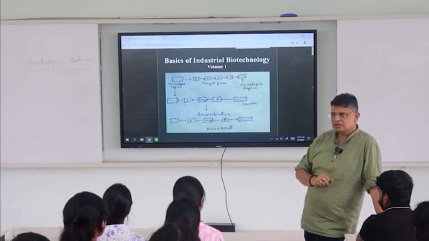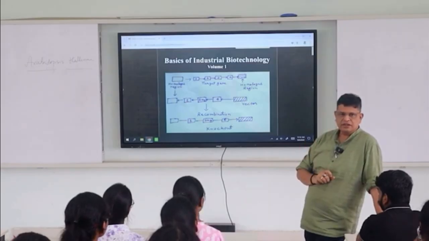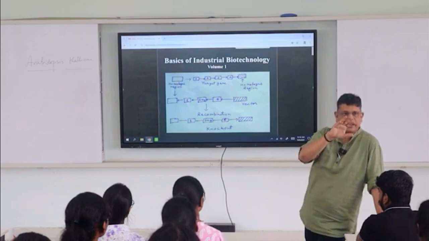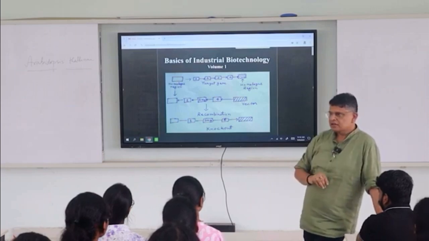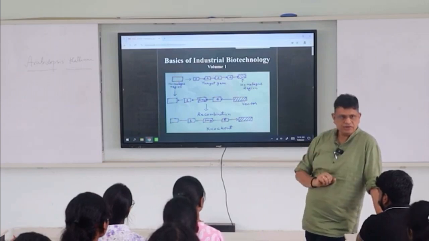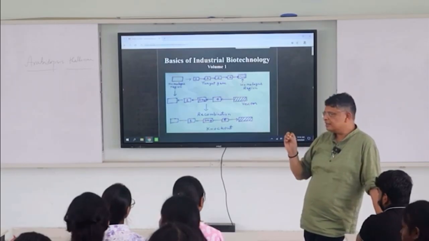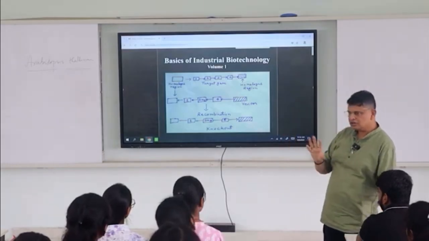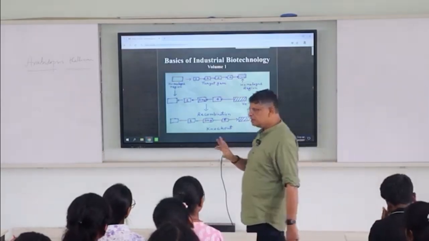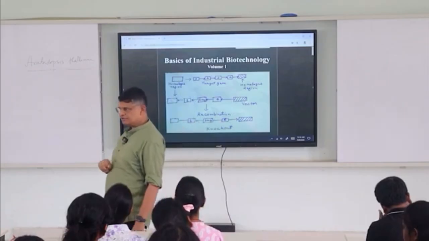Any example in nature which has industrial or biotechnological implications? Have you heard of BT cotton? BT cotton plant is an example. It is not meant for any drug delivery purpose.